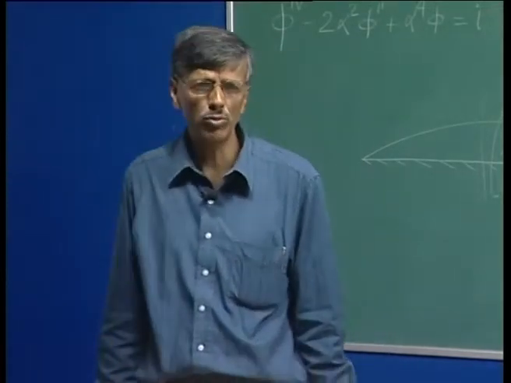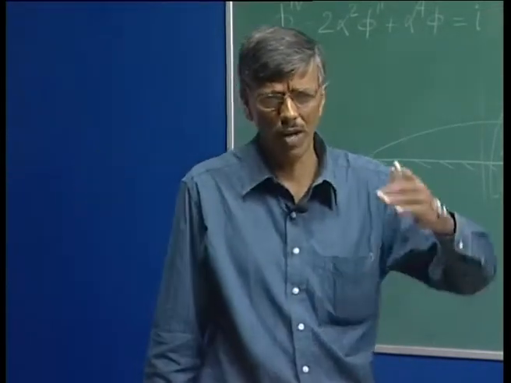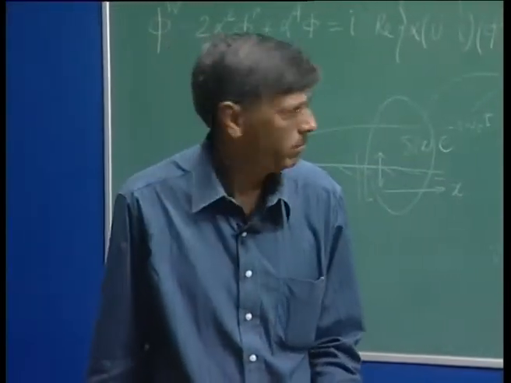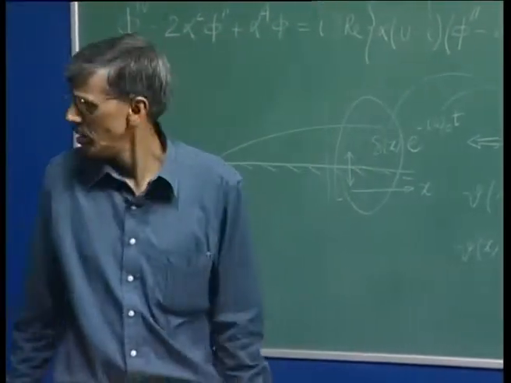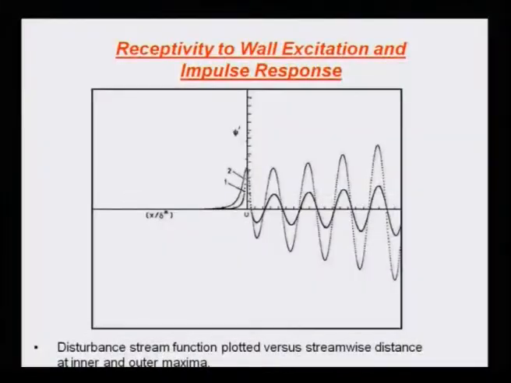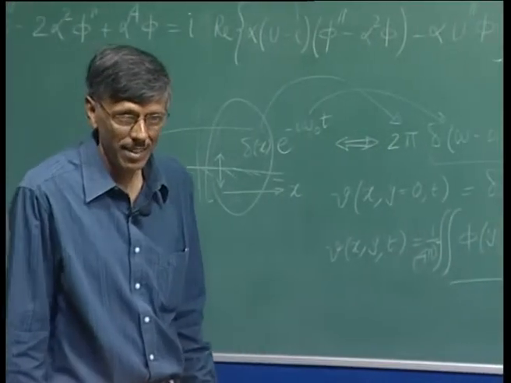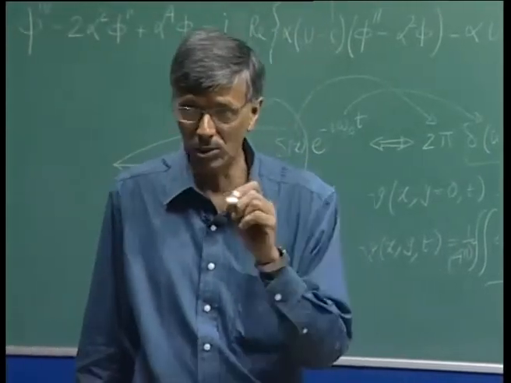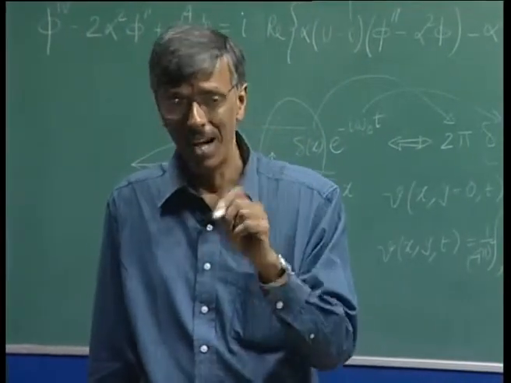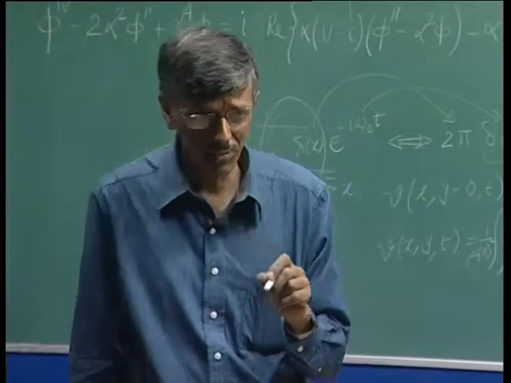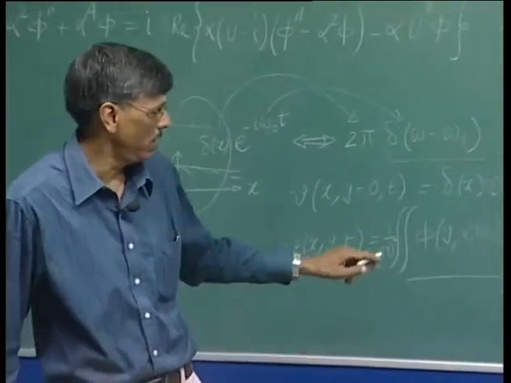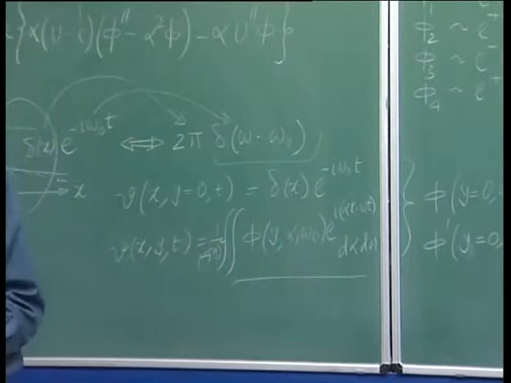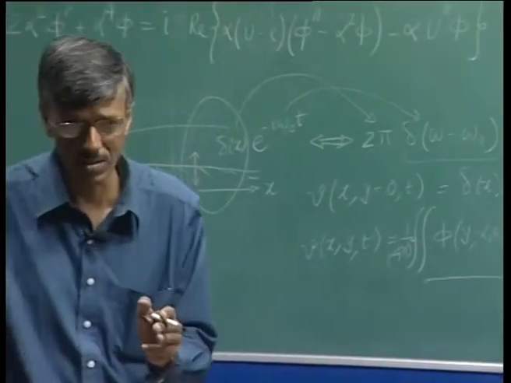Now, if I want to see something which is far away from the source of excitation, then what should I have? That point would be where? That should be in the unstable part, and for x positive what should be the nature of alpha? Alpha I should be negative.